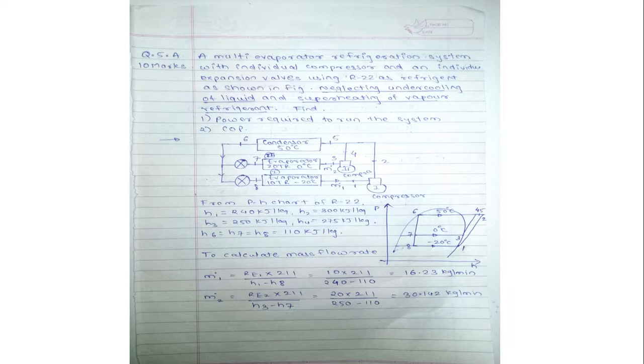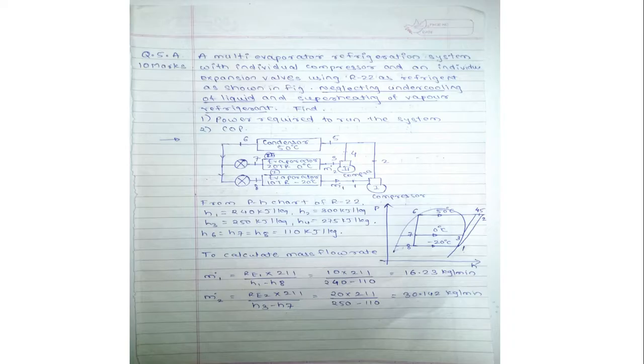Here they have given that we are using a multi-evaporator system with individual compressor and individual expansion valve, and the refrigerant we are using is R22, which means the enthalpy values H1, H2 we calculate from the pH chart of R22 refrigerant. They clearly mention neglecting the undercooling of liquid and superheating of vapor.